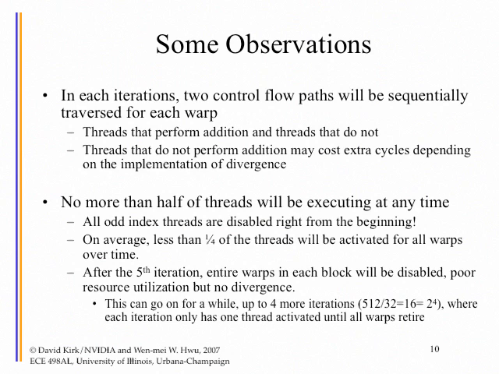Not a good situation, right? After the 5th iteration, warps will begin to turn off, because at that point every warp will either have 1 element that remains to be summed or 0.